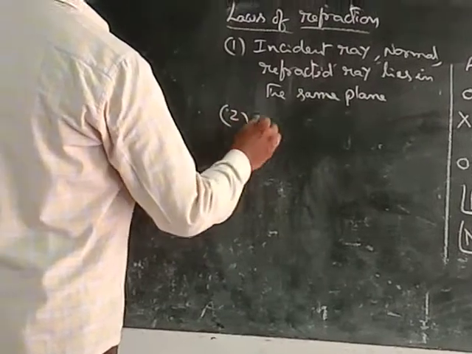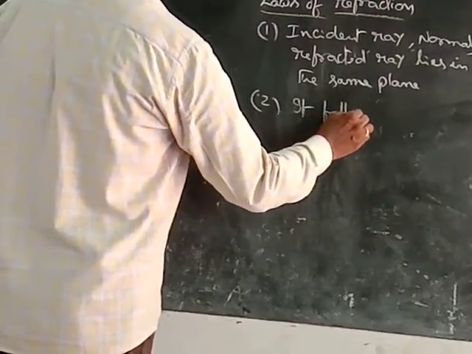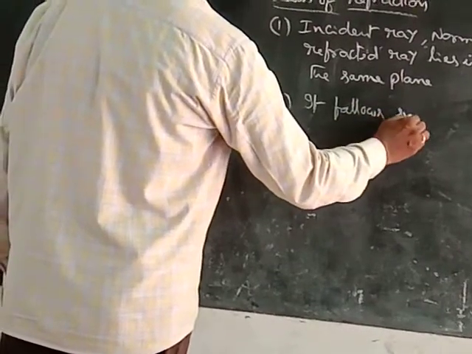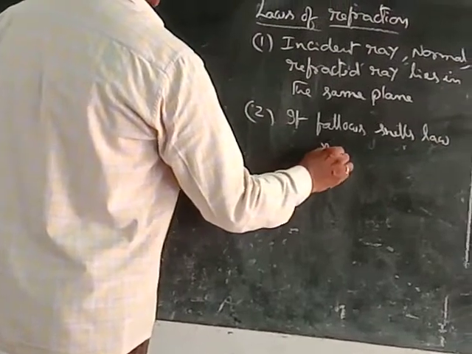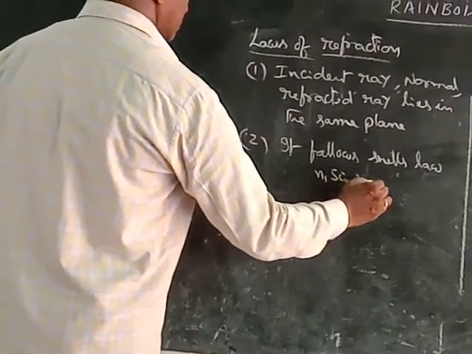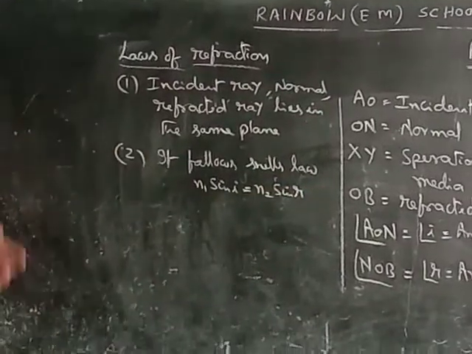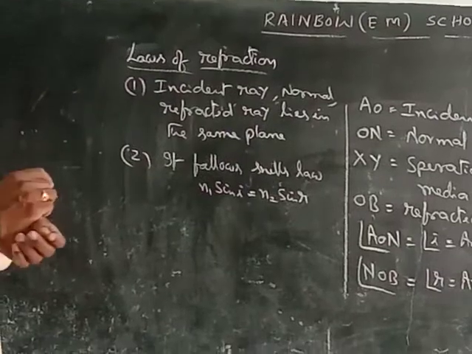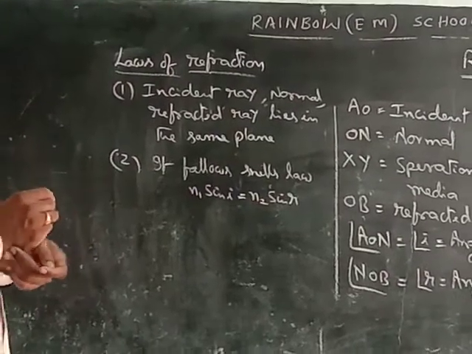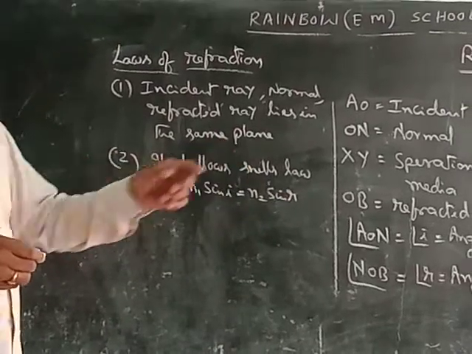Second, it follows Snell's law: n1 sin i = n2 sin r. Here n1 and n2 are the refractive indices of the different media. I and R you already know, the angle of incidence and the angle of refraction.